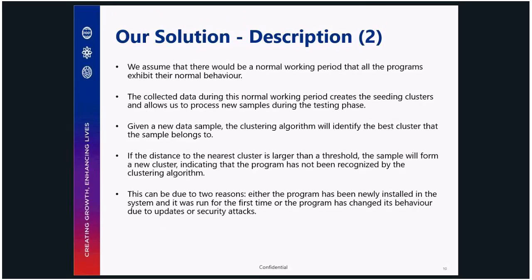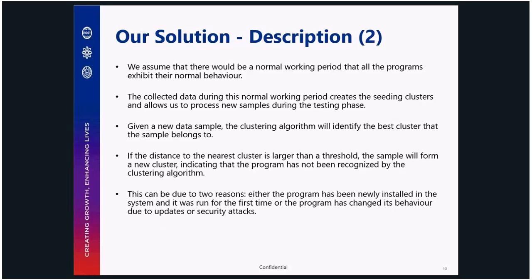And then for initial seeding, we assume that the programs are behaving in a normal way, so based on that we seed the clusters. And then in the testing phase, whenever a new program comes, we identify the closeness or the proximity of the program to any one of these clusters.